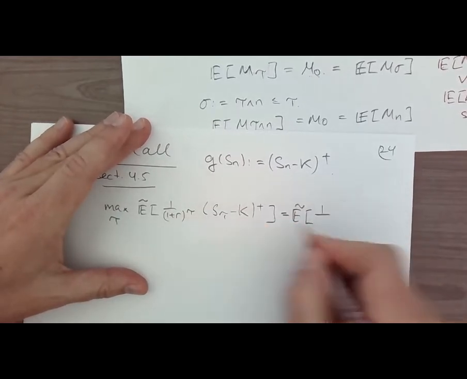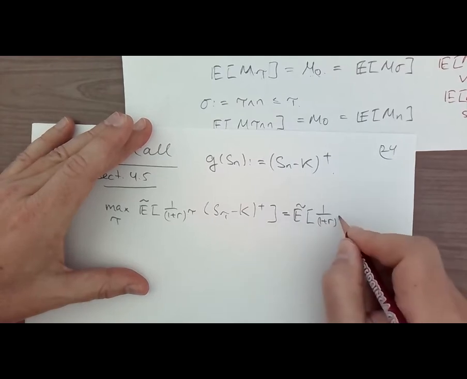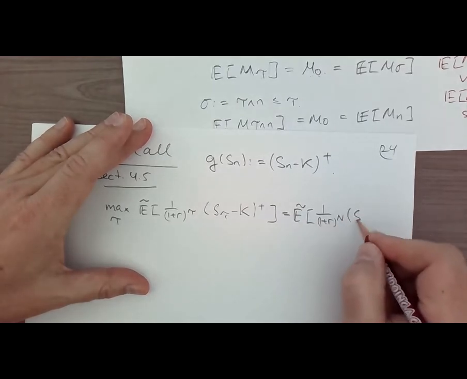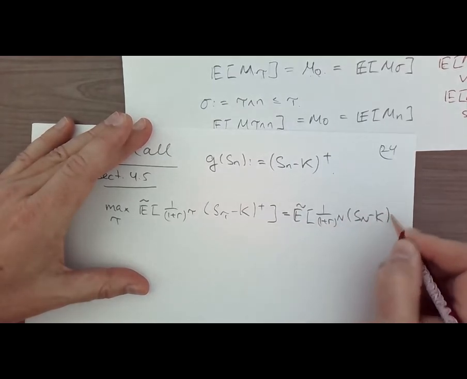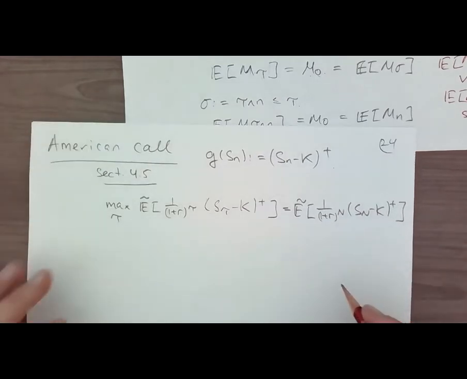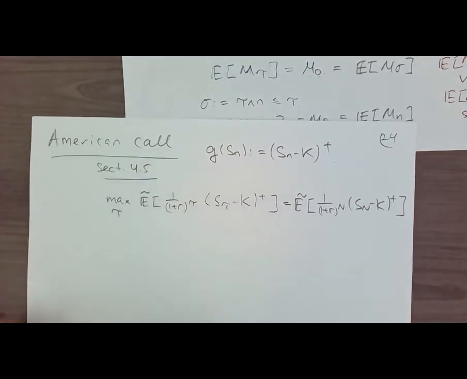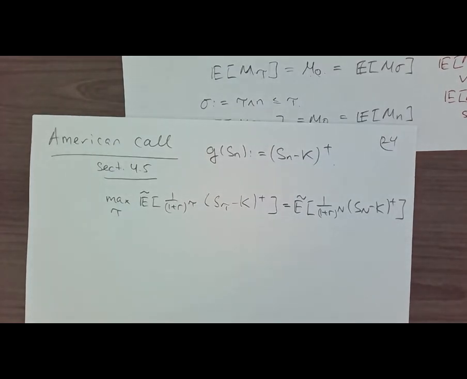So this is 1 over 1 plus R to the power n, and then it's Sn minus K positive part. This is what is being proven in section 4.5. So let me try to take you through the steps in here.